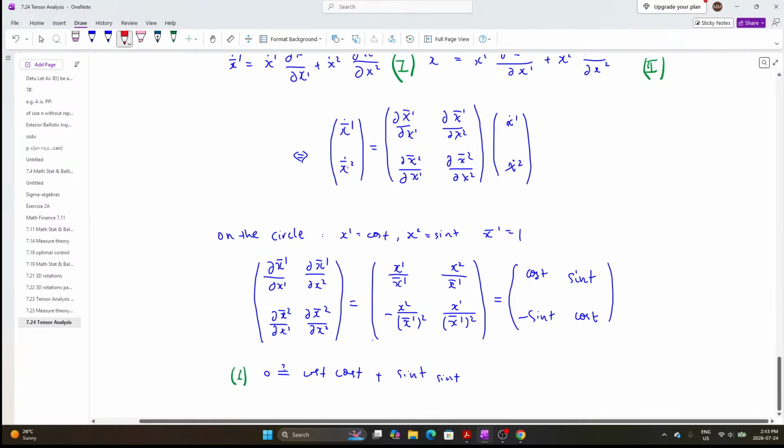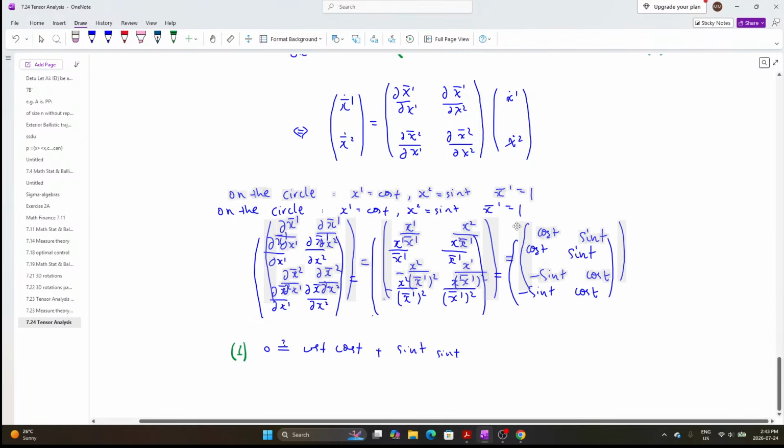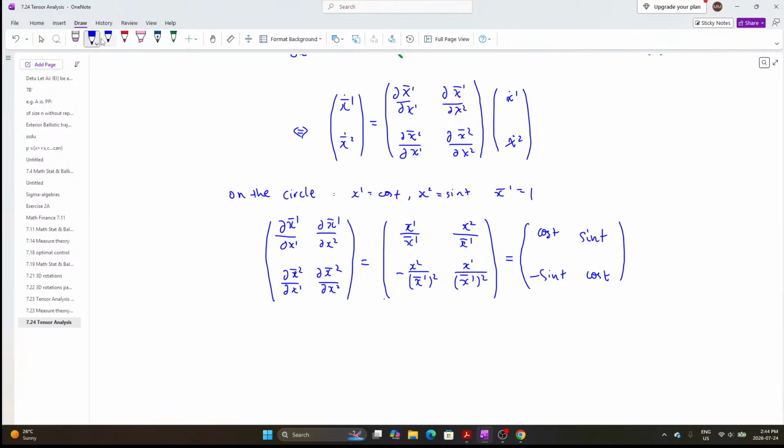All right, so on the left you should get 0 and 1. Let's see if that actually works. The Jacobian matrix cosine of t, sine of t, minus sine of t, cosine of t, multiplied with x1 dot, x2 dot.